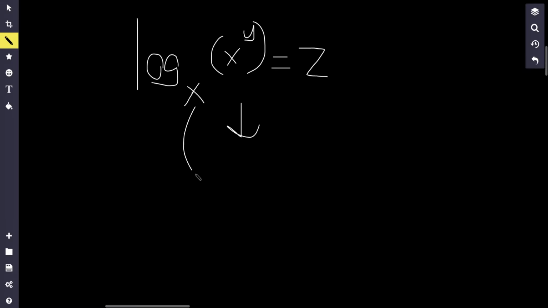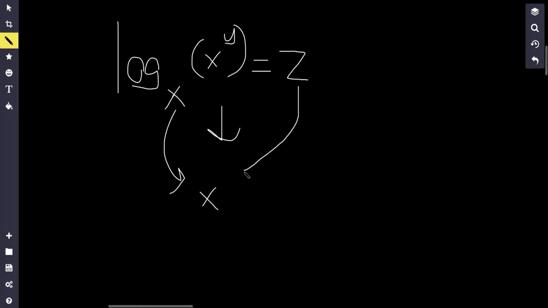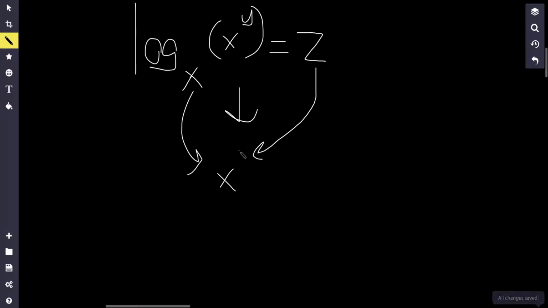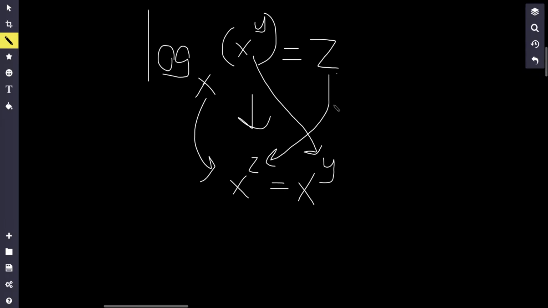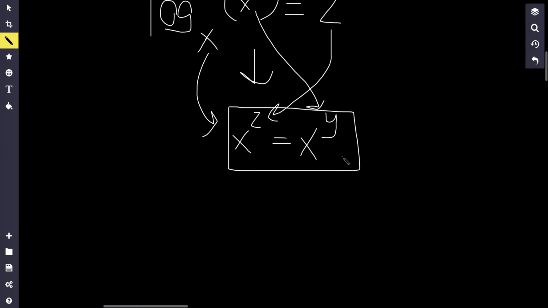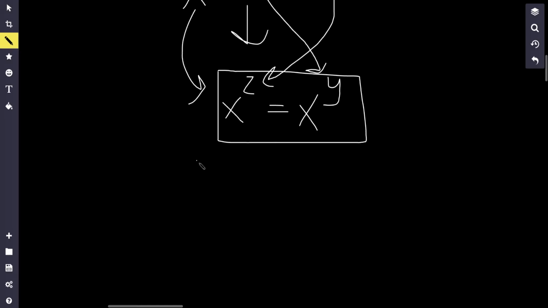The base of our logarithm becomes the base, the answer becomes our exponent, and the thing inside our parentheses becomes the answer. So we end up with x to the z power is equal to x to the y power. And from this, we can just conclude that z is equal to y.